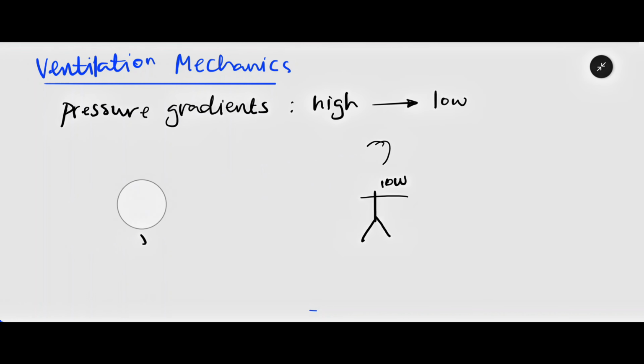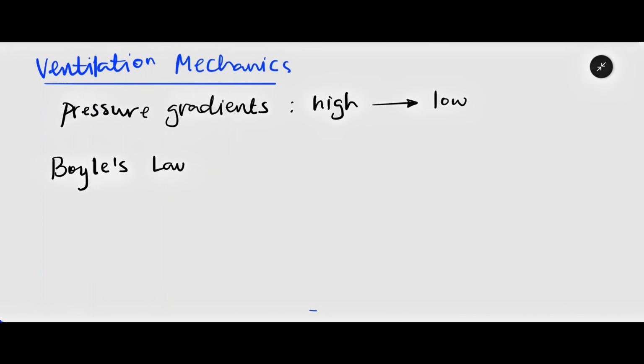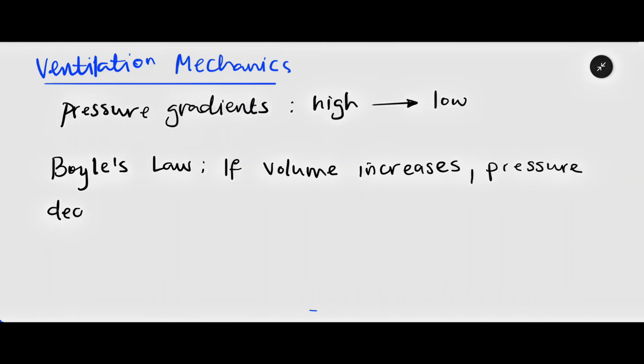So it's important to understand something called Boyle's law. And Boyle's law states that if volume increases, pressure decreases, and vice versa.